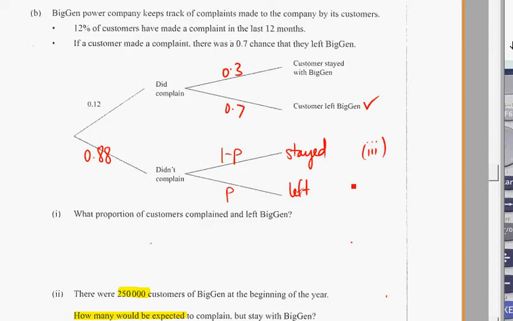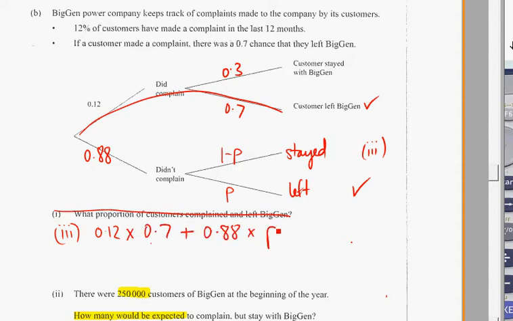So the way someone leaves, two branches, they either complain and leave, or they don't complain and they leave. So multiplying down this top branch, and I'm answering 0.3 here, not this question, would be 0.12 times 0.7 plus 0.88 times P, that branch, and altogether that has to equal 10% chance of someone leaving. So it's an equation to solve.